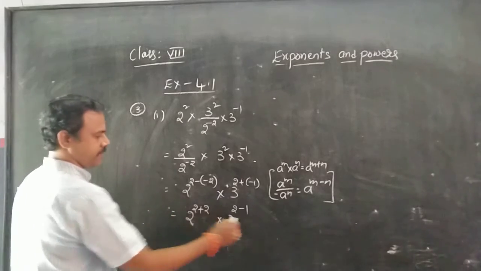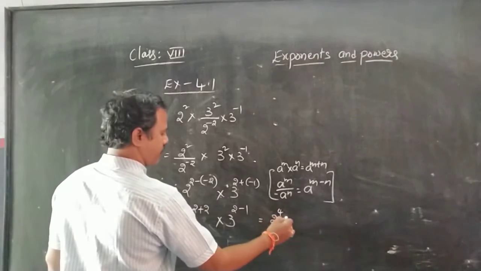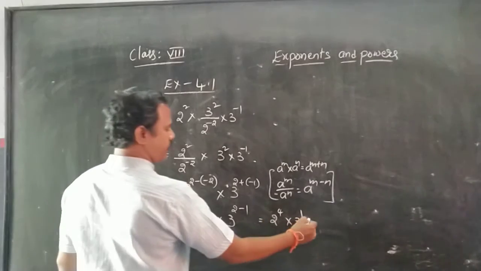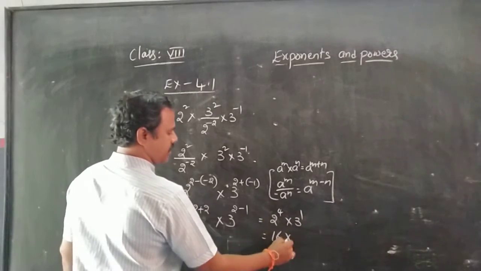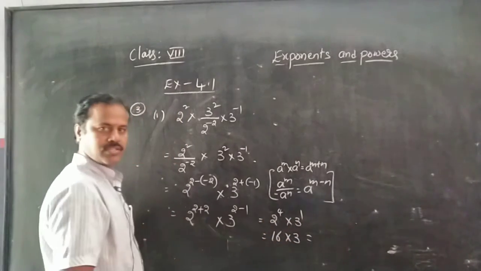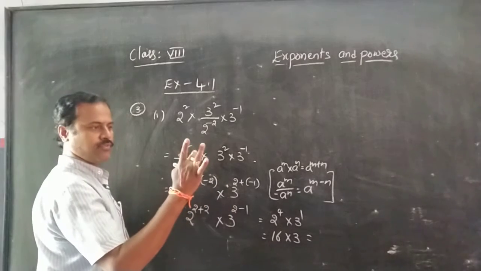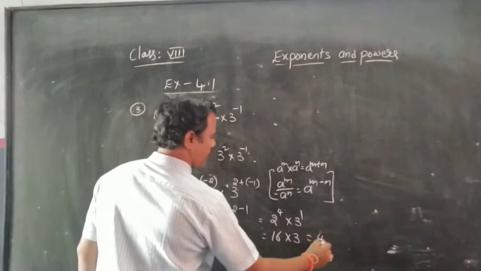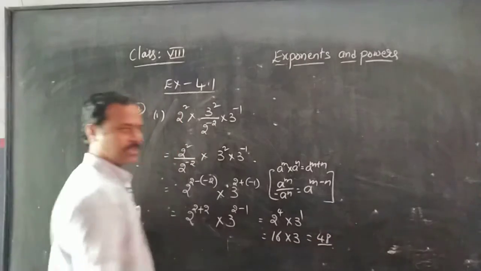So what do you get here? Very nice, 2 power 4 into 3 power 1. What is the value of 2 power 4? It is 16 into 3. Isn't it? 2 power 4: 2 twos are 4, 4 twos are 8, 8 twos are 16. 16 threes are 48. Okay?